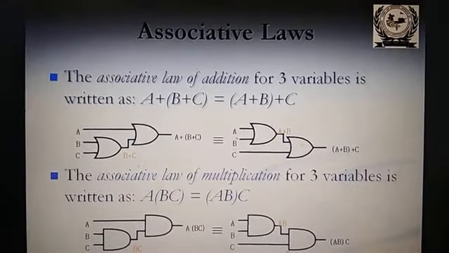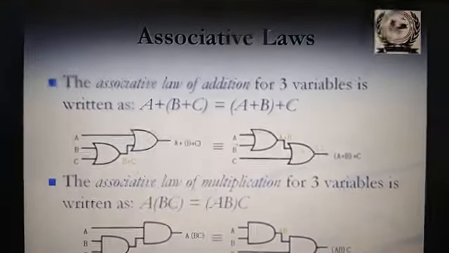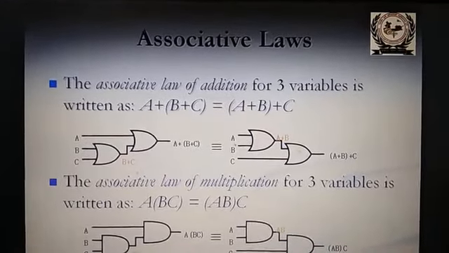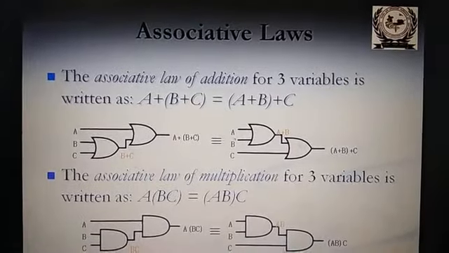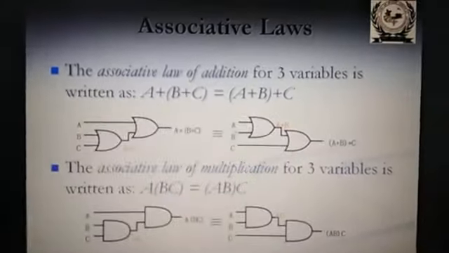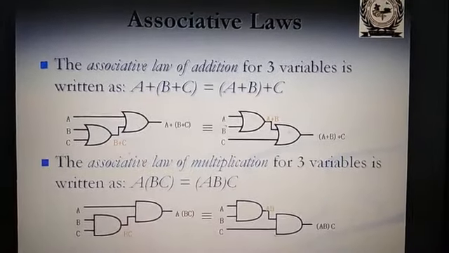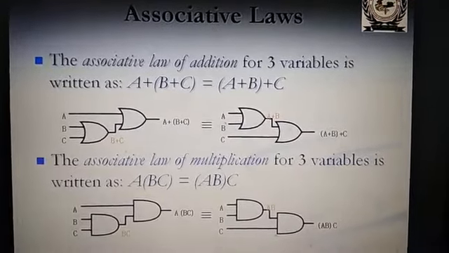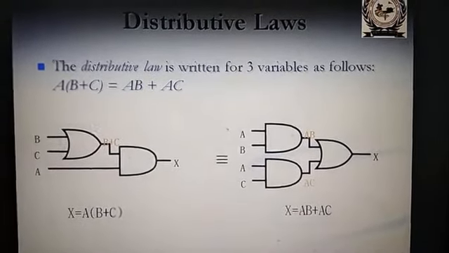Associative law for addition: A plus (B plus C) is equal to (A plus B) plus C. Then associative law of multiplication: A into (BC) is equal to (AB) and C.